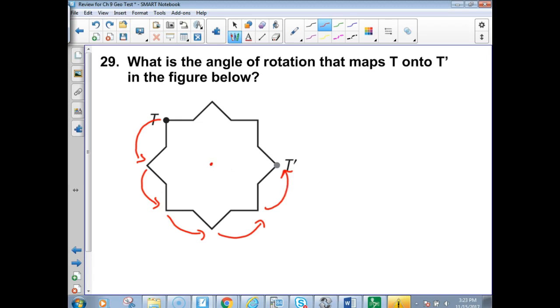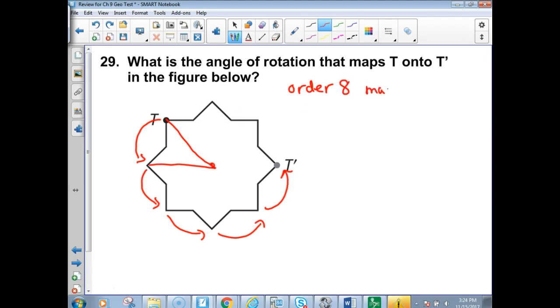So I wanted to let you know that we need to do a 5 turn to get to T prime. Now, first thing we got to figure out though is what's the angle measurement for one of those turns. Okay, so we figure out the order. What's the order of this thing? 1, 2, 3, 4, 5, 6, 7, 8. Isn't it 8 all the way? Yeah, 8 turns around the whole thing, right? Order 8.